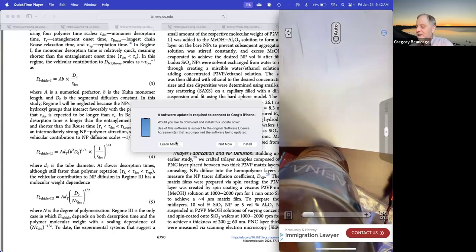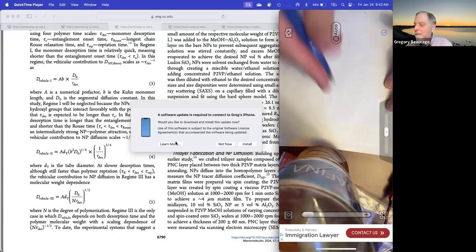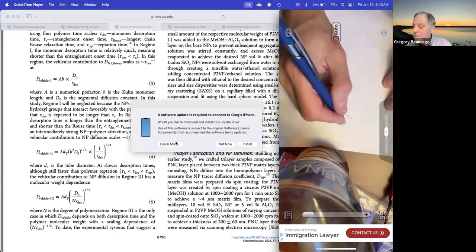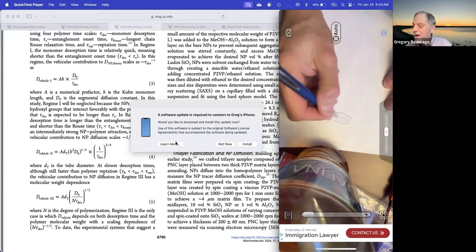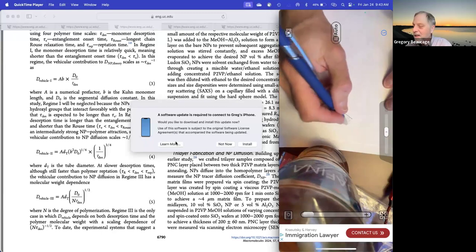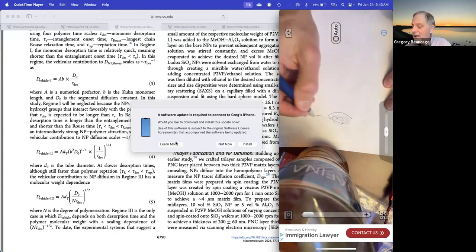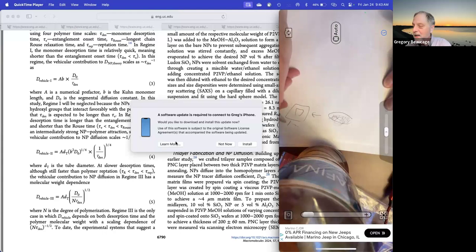The way Winey does it is they spin coat polymer onto a surface. And then they spin coat a polymer with particles in it onto the same surface. Then they spin coat the polymer onto the surface again. And then they bake it in an oven for a certain length of time, like 1 day.